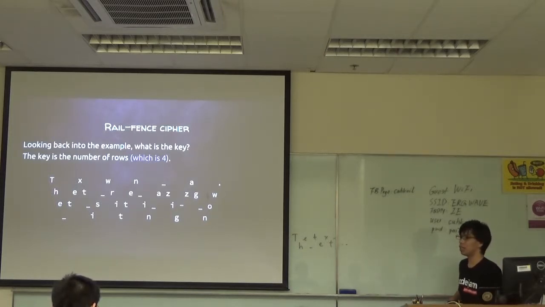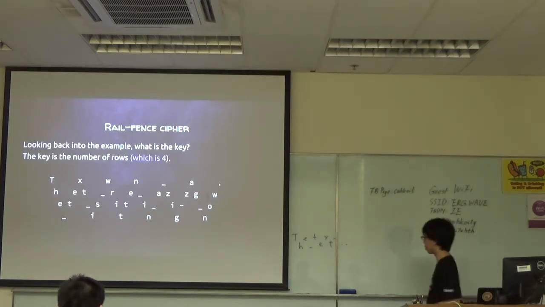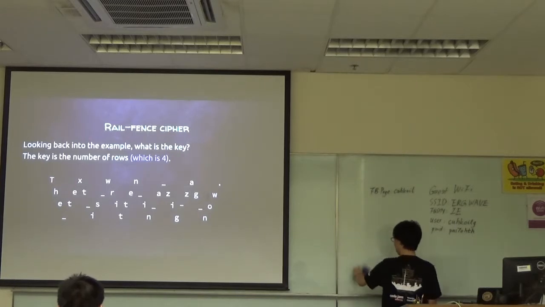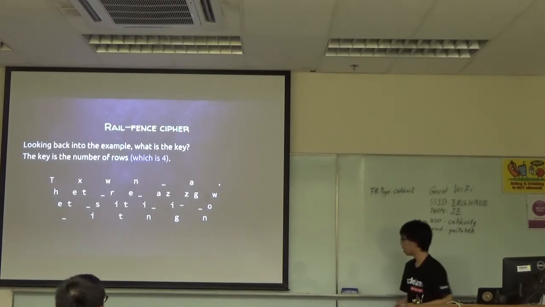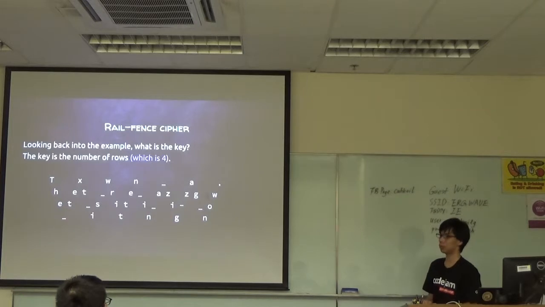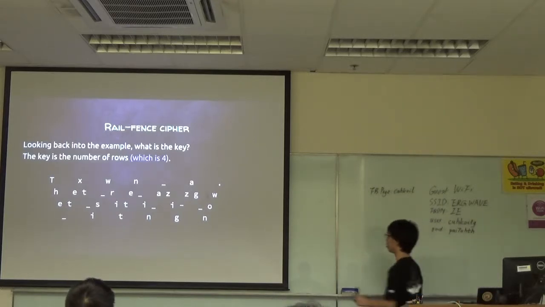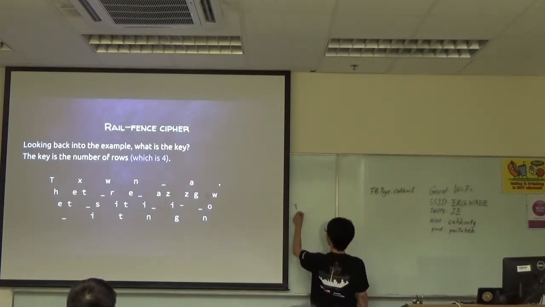But imagine that we increase the value of the key, like increasing it to 1 million. What will happen? Could anyone guess what will happen if the number of rows increases to 1 million? In reality, it will return like this.